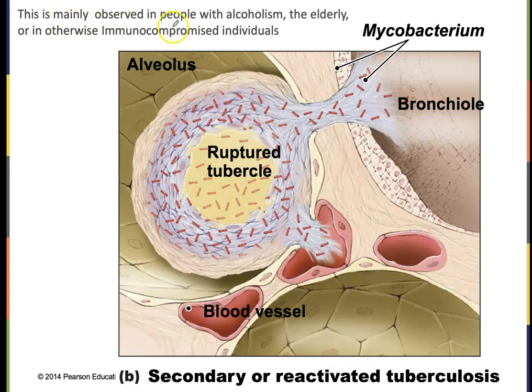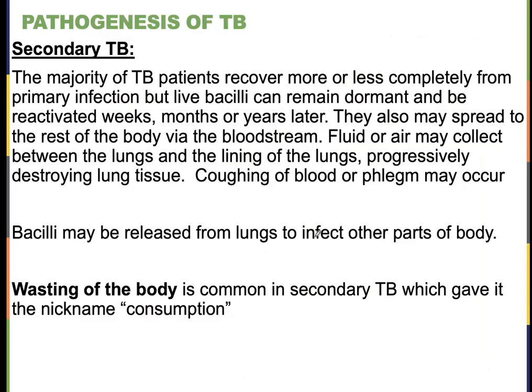This is mainly observed in people with alcoholism, the elderly, and the immunocompromised. So we have a reactivated secondary infection. It goes to other areas of the lung, and it can go into the bloodstream. So secondary tuberculosis is going to be a little scattered because it can enter the bloodstream and different parts of your body can be affected.